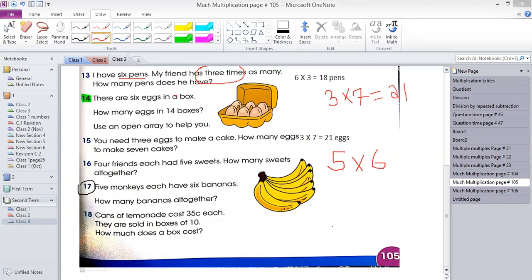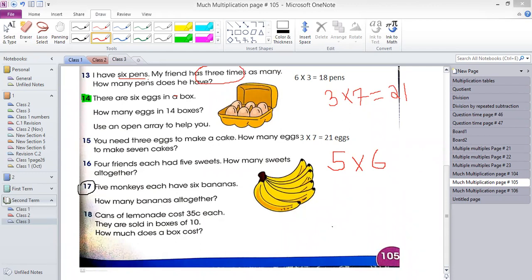There are 5 monkeys and each monkey has 6 bananas. One monkey has 6 bananas and there are 5 monkeys. 30. Okay, good.